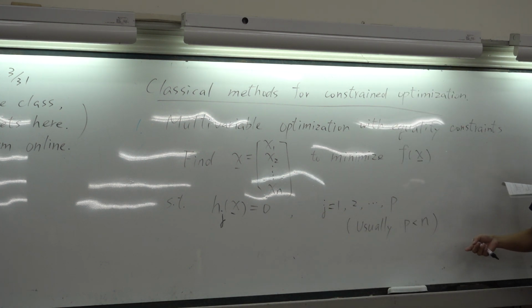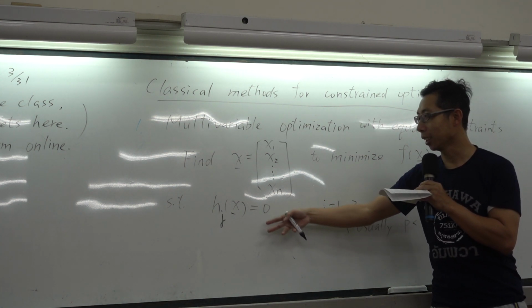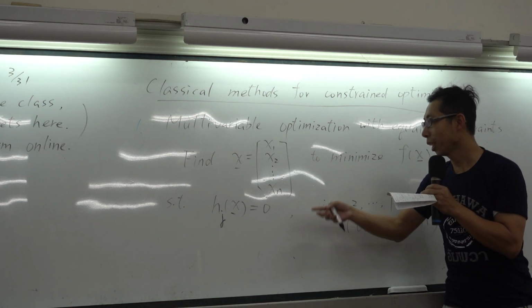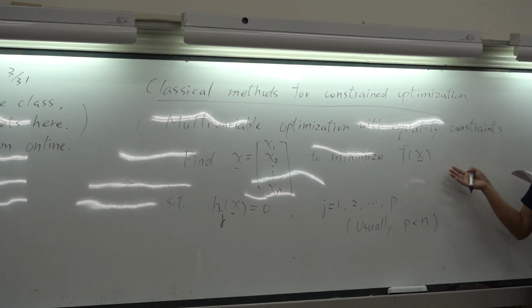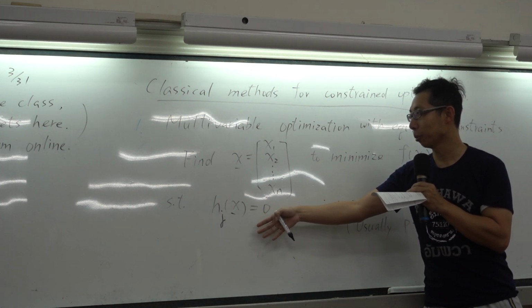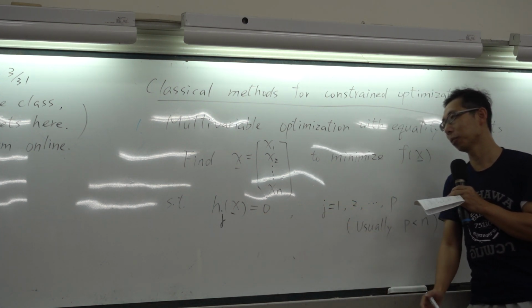If p equals n, there are n variables and n equations, so we can directly solve for x1, x2 up to xn without any optimization.